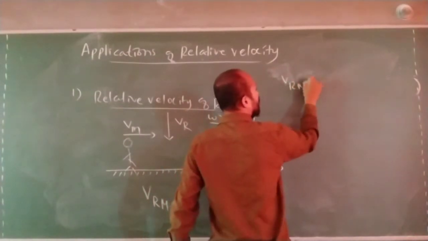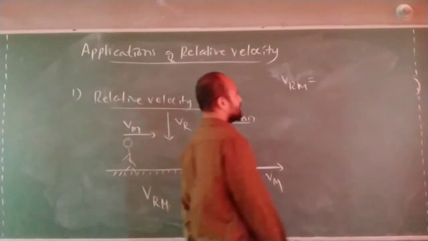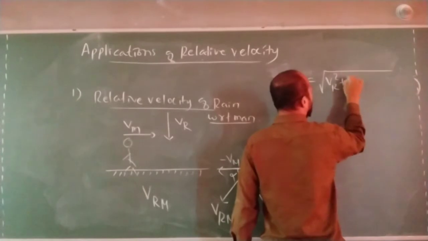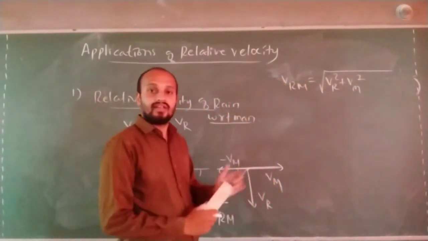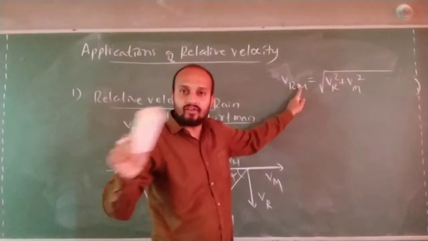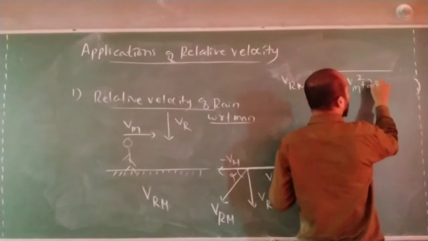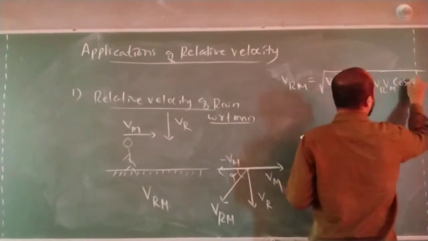Vrm will be equal to the resultant of these two vectors. What is that? Root of Vr square plus Vm square. Sir, why didn't you take minus? In this formula only I will take the values, direction I will not take. Plus 2 into Vr into Vm cos 90 degree.